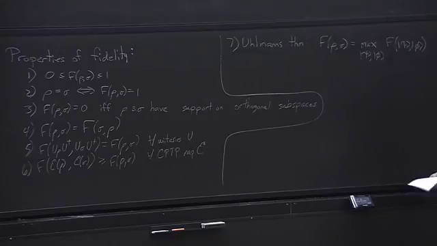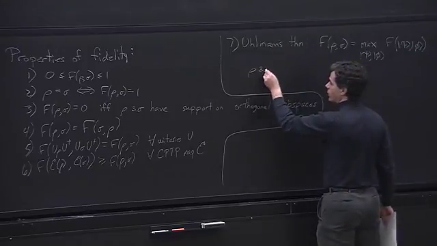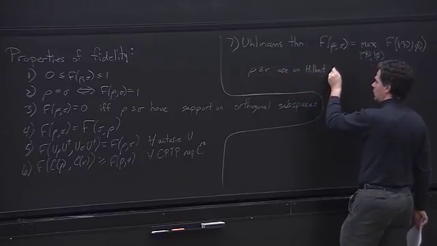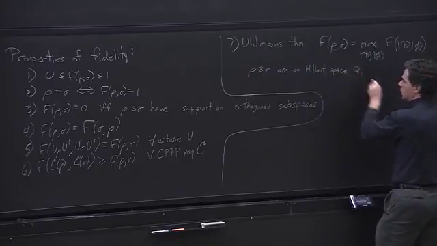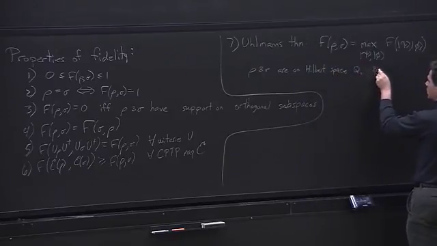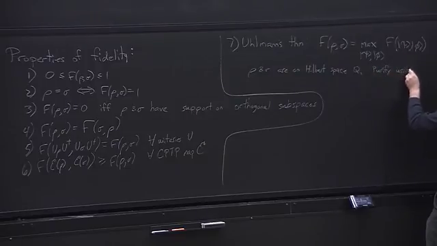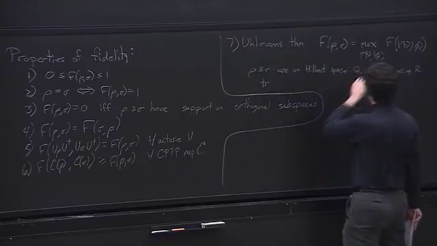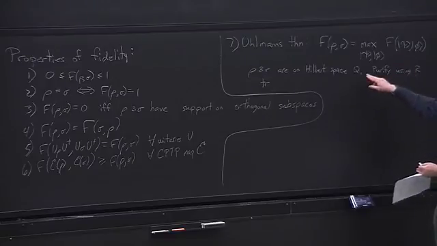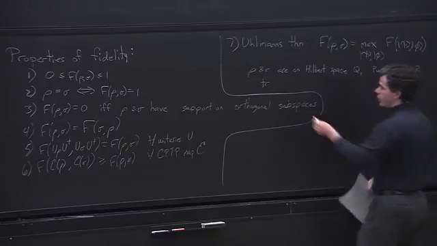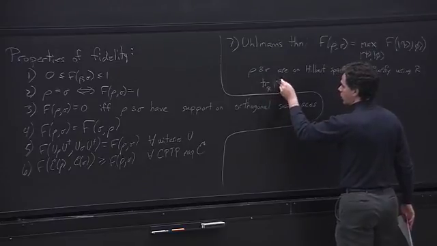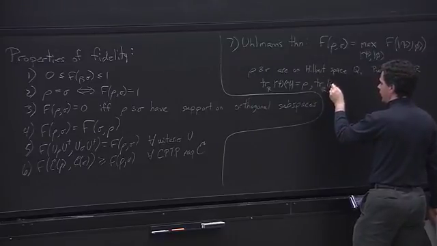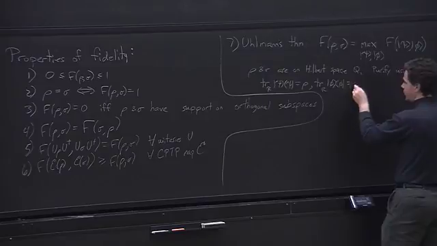So what do I mean by the maximum over purifications? Well, if rho and sigma are on Hilbert space Q, then we can purify using R. And psi and phi are pure states on Q tensor R. And we insist that the trace over R of psi is equal to rho, and the trace over R of phi is equal to sigma.